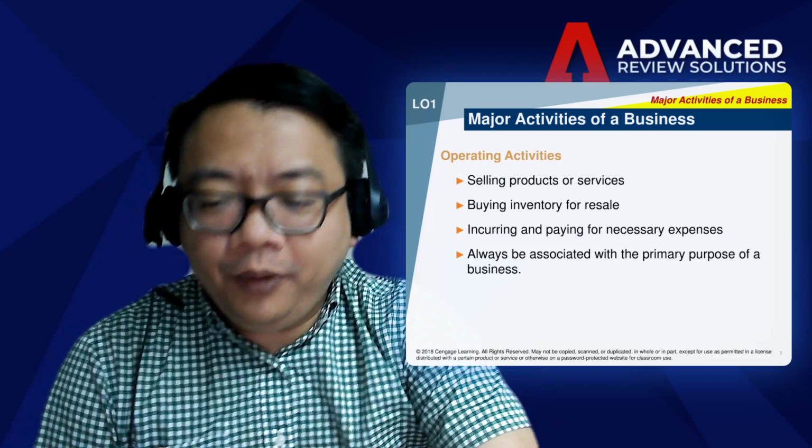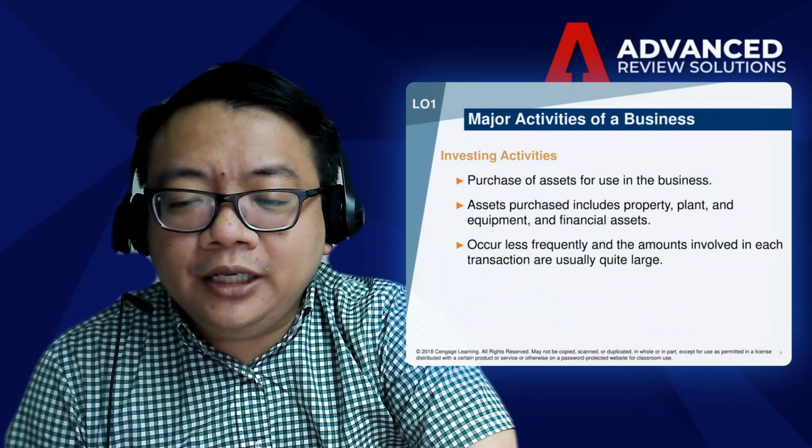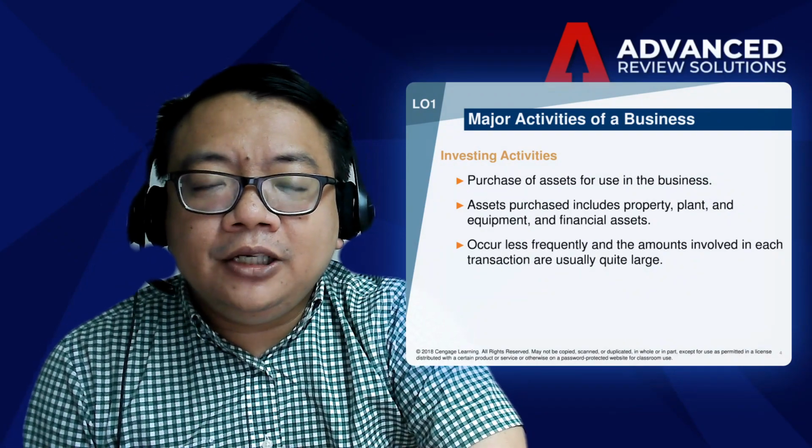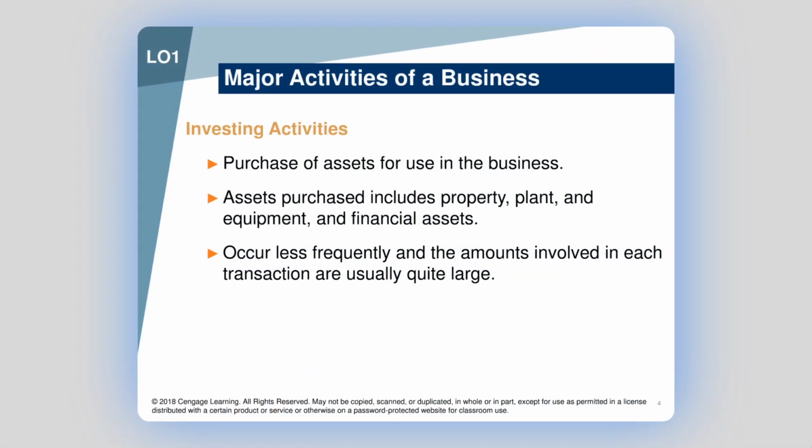Operating activities. Number two is all about your investing activities. What does investing activities mean? For example, you purchase assets for use in your business. Your assets purchased include your property and equipment.